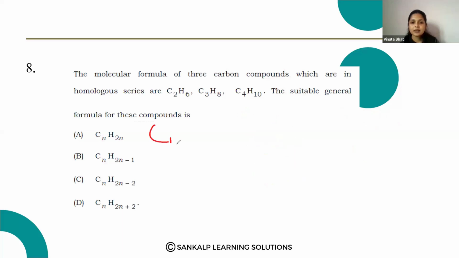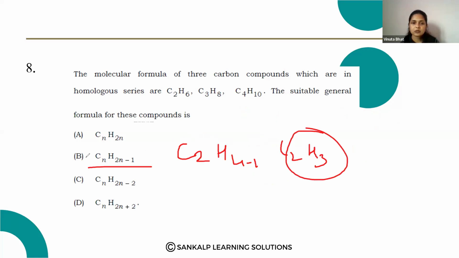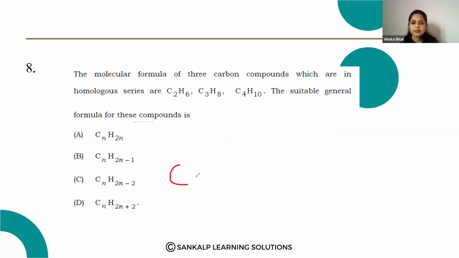Just do CnH2n, it will be C2H4. Right. CnH2n minus 2: just apply this formula. C2H4 minus 1, that is C2H3, so it is also not correct. CnH2n minus 2, C3: 2 into n, 2 into 3 is 6, minus 2, that is C3H4.